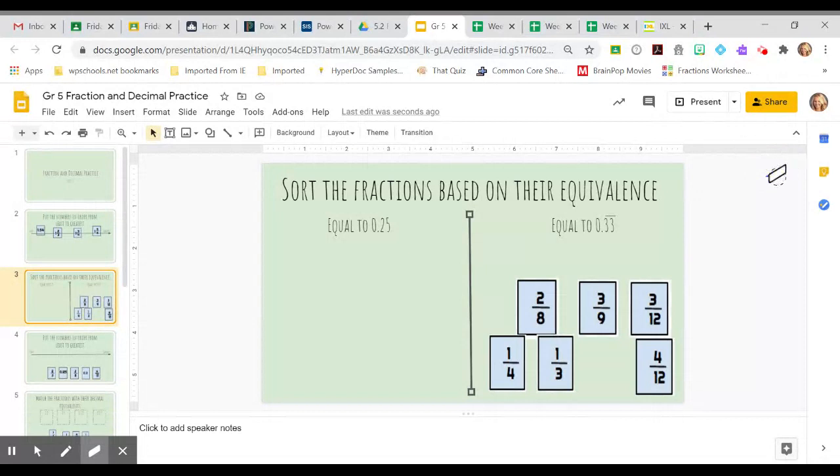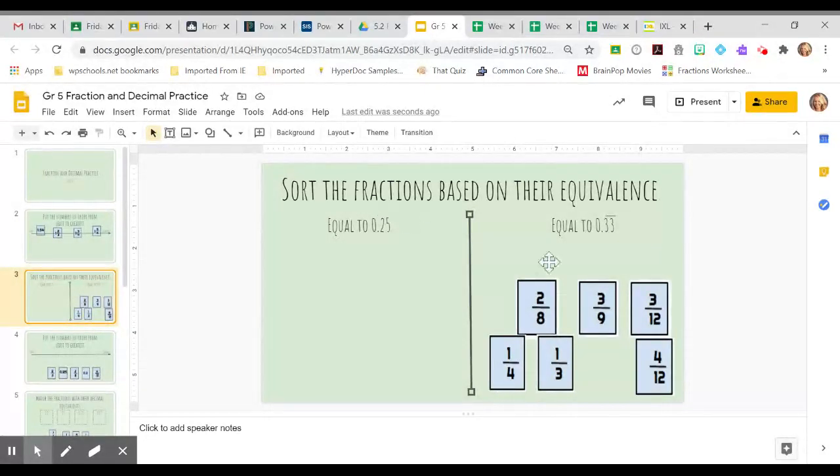Okay, on this one, we are sorting these fractions into two columns. We have fractions that are going to equal 25 hundredths or a quarter, and fractions that are going to equal 33 hundredths. What does this little bar mean at the top? It means repeating.